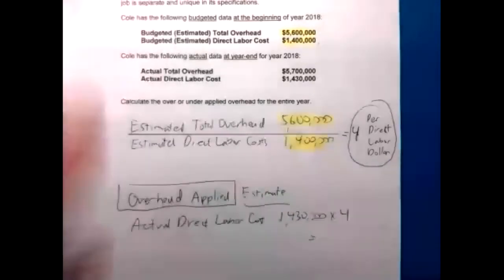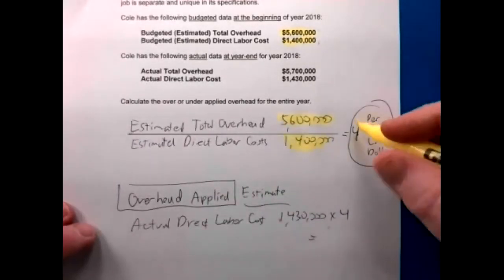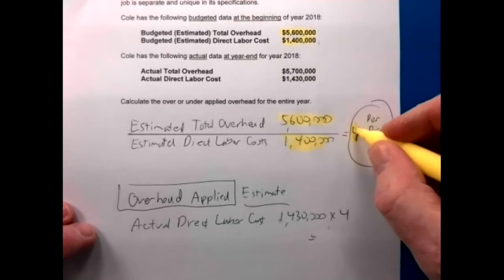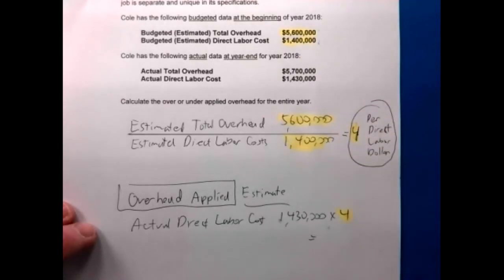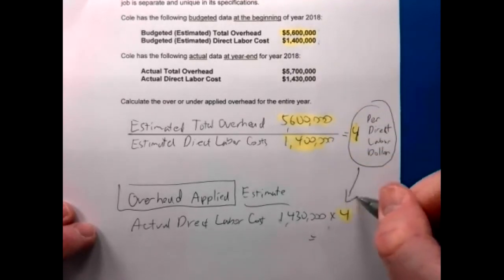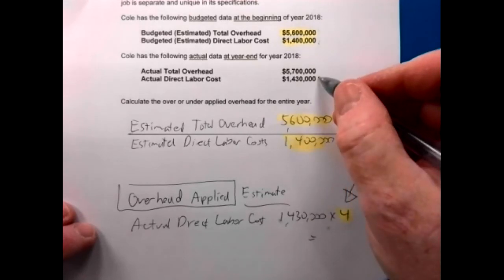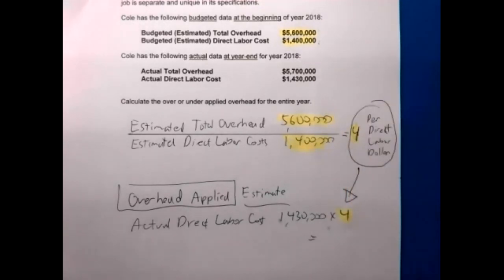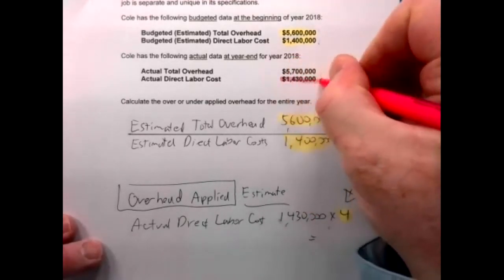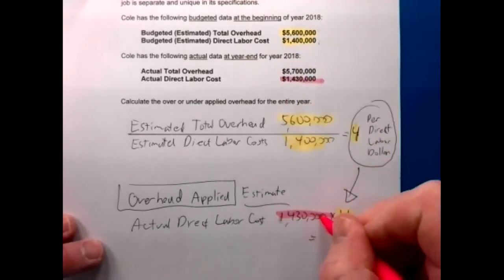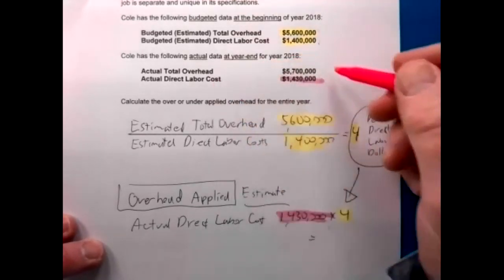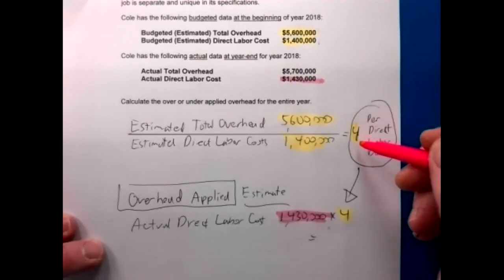So 1 million. Okay, so every one of these direct labor hours during the year, we're going to apply $4 to it.